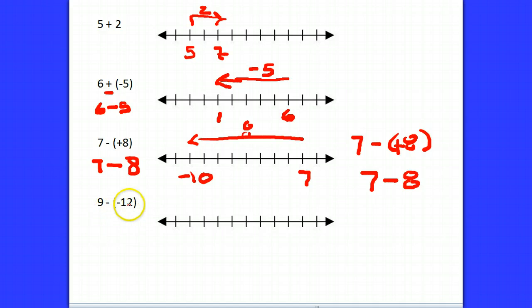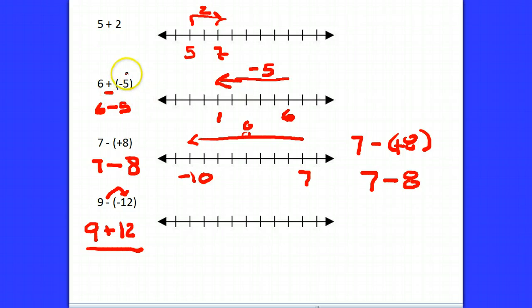The subtraction sign out front means take the opposite of what's inside the parentheses. Here you had a plus 8, so take the opposite of 8 and you have minus 8. Here you have a negative 12. Take the opposite of negative 12 and you get plus 12. So if you have a minus out front, just change the sign in between and rewrite the problem.